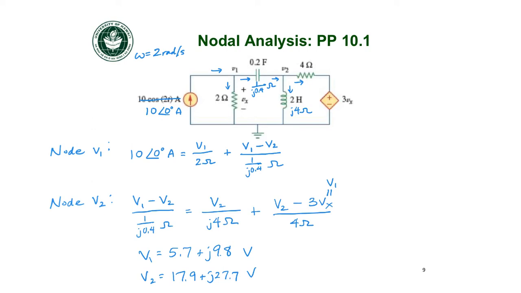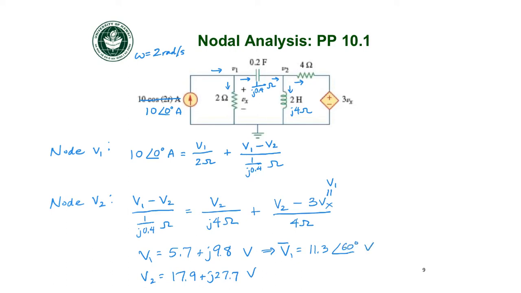Now we can convert this to the phasor representation. So V1 in phasor form is going to be a magnitude of 11.3 and a phase of 60 degrees.